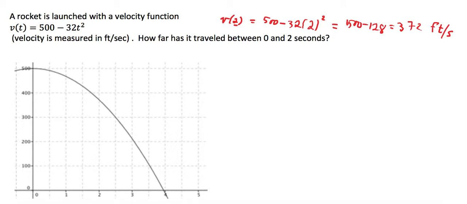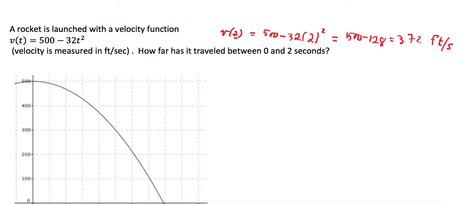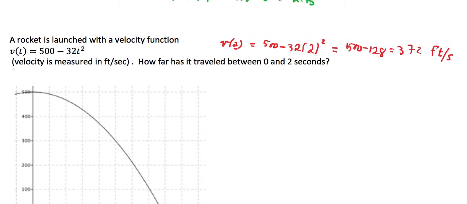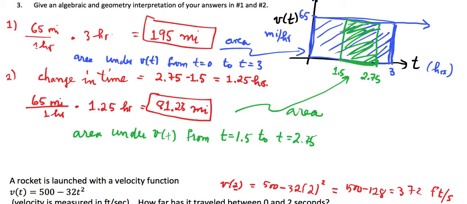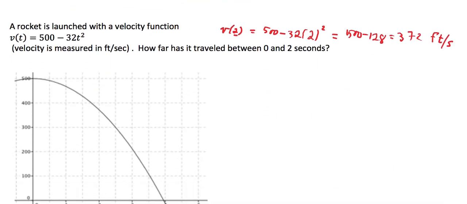But if we look at our work in the previous example, we can extract some truths. We had a velocity function, and when we calculated the area, that gave us the distance. The only difference here was that this velocity function was really nice. It was a horizontal line.